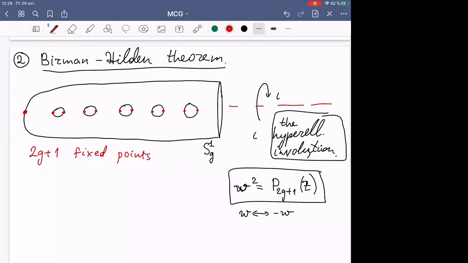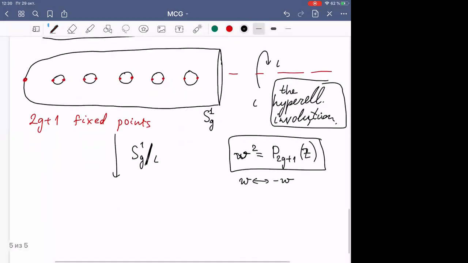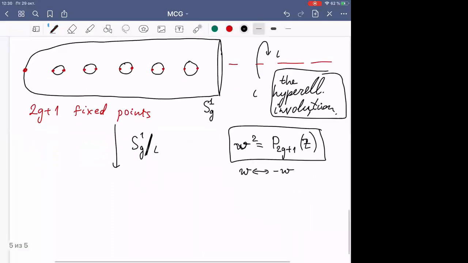And now let us consider the quotient space of the surface by the hyperelliptic involution, and let us look at what this is topologically.